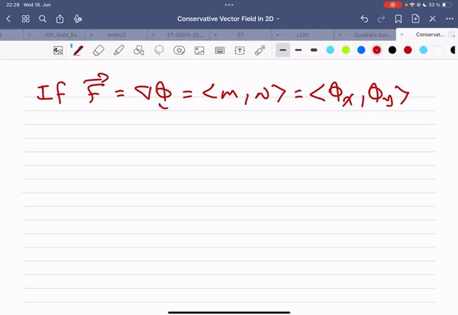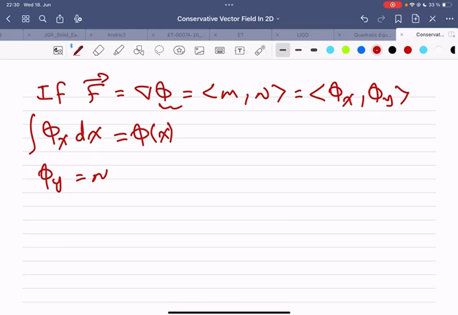To find phi, we integrate phi x according to x, and then get phi y, which is equal to n, and compare.